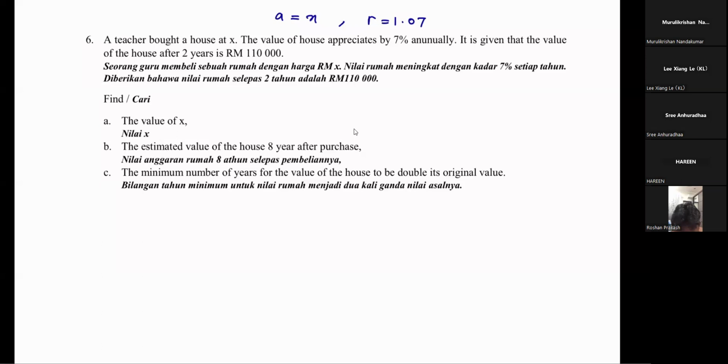First year X, second year after. So it's T3, right?